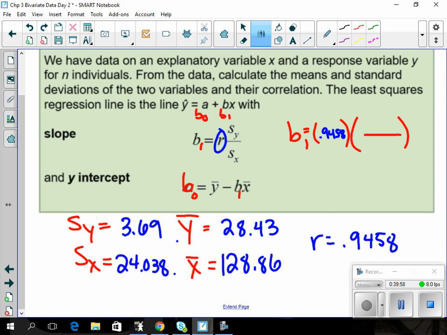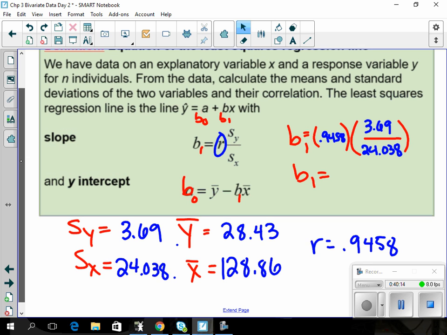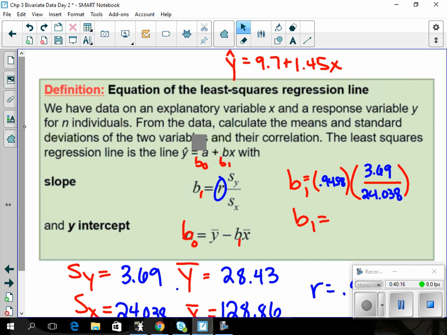So 0.9458, and then we have 3.69 and 24.038. If somebody would multiply those for me to make sure that we do, in fact, get a similar number to the calculator. We should get about 9.7. No, I'm sorry, we get about 1.45.